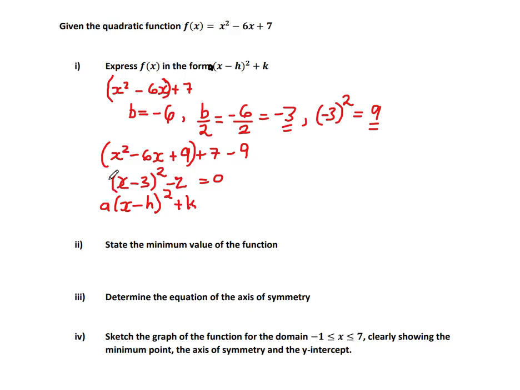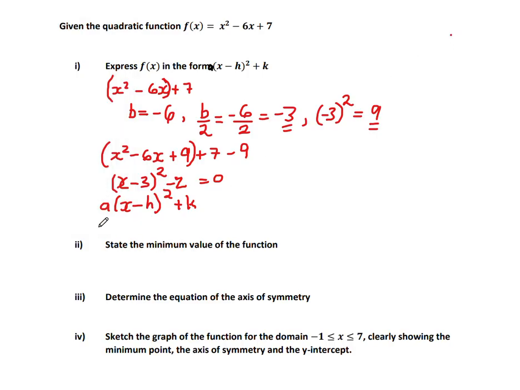There's an invisible coefficient of 1 in front of this bracket. Always when you see a bracketed term without a visible coefficient, it means that there is an invisible term being multiplied by that bracket, which is 1. So then there's an invisible 1 here in front of this bracketed expression.